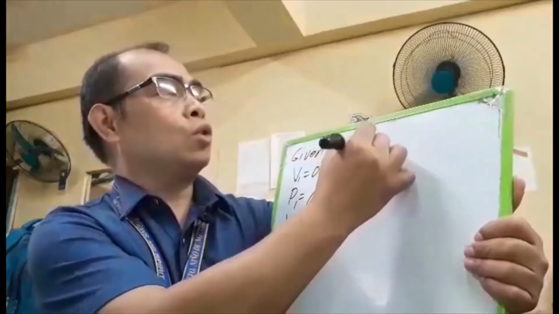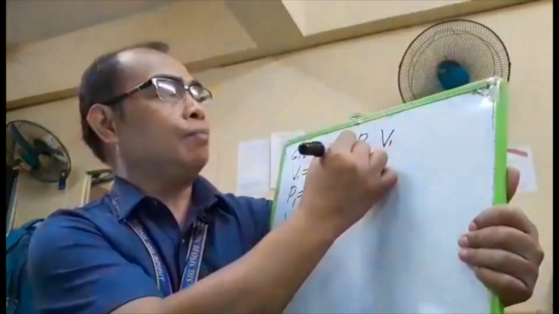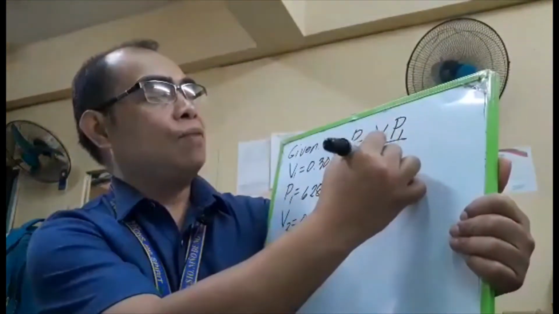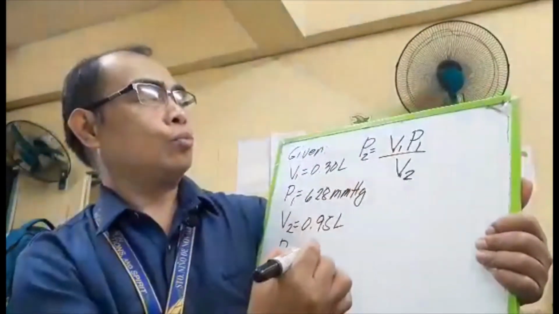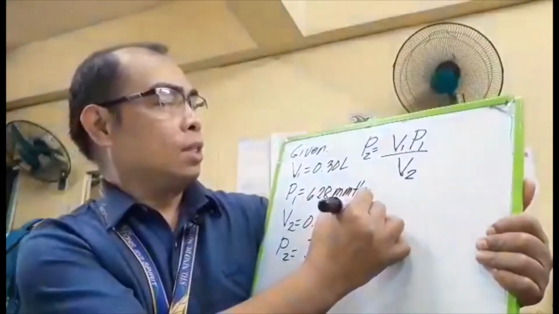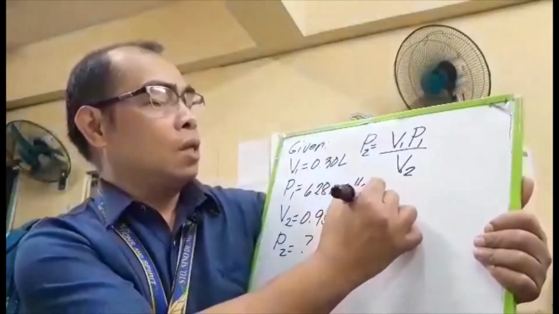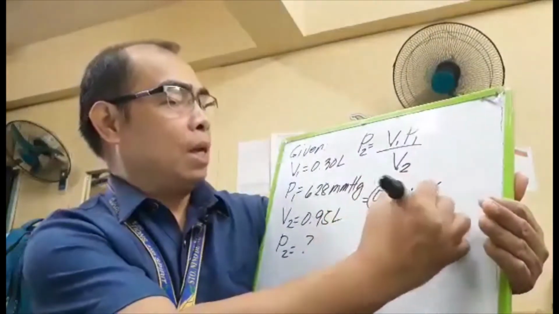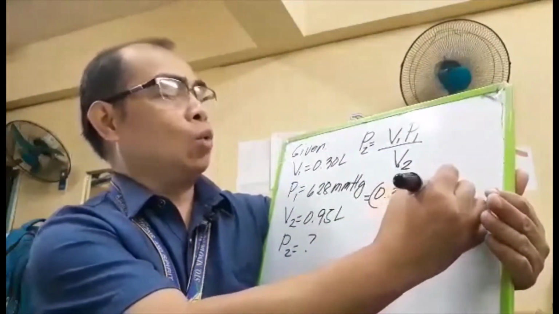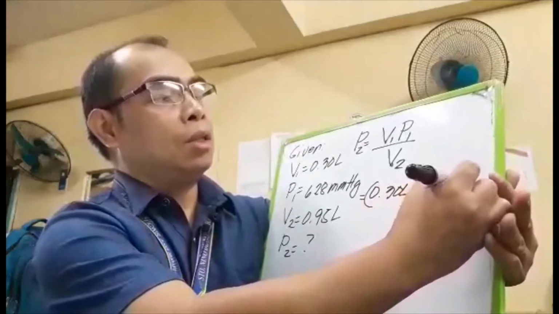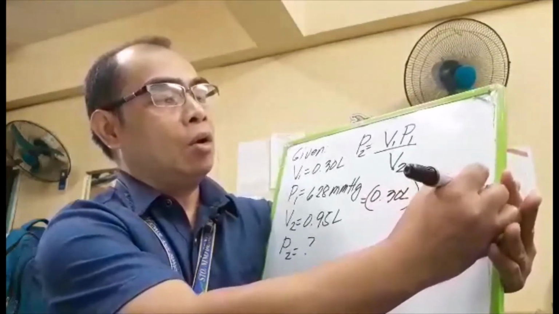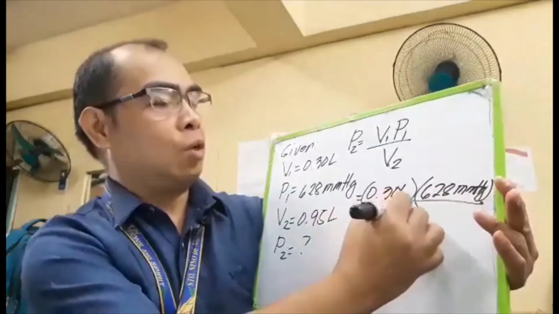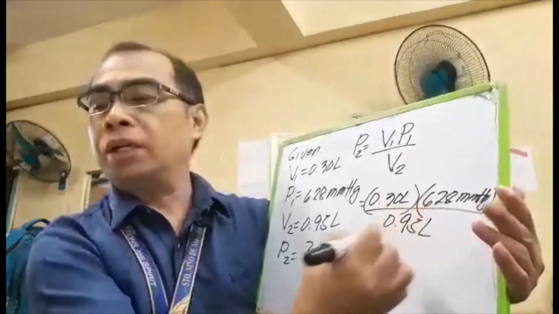P2 is equal to V1 P1 over V2. So substitute natin. V1 is 0.30 liters multiplied by 628 millimeters of mercury over our final volume, which is 0.95 liters.